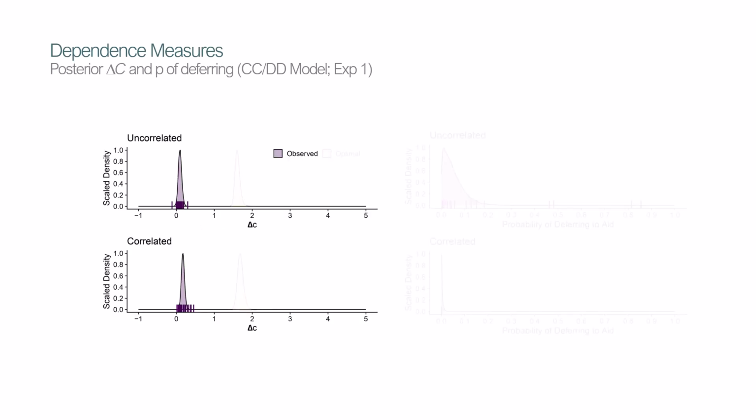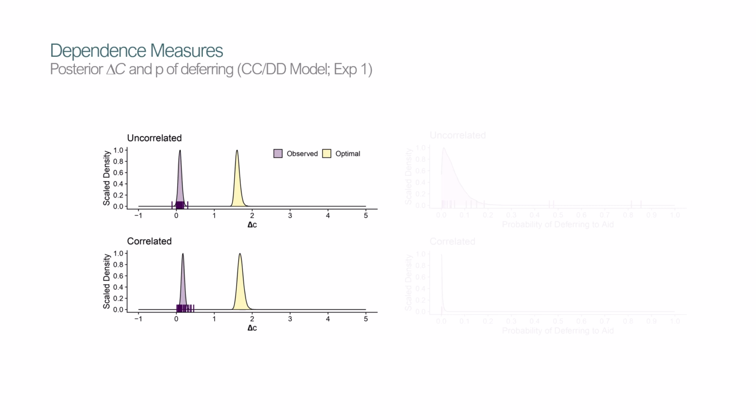Now here we have estimates of the dependence parameters that tell us how much participants relied on automation, again for experiment 1. First over here we have posterior distributions of criterion shift delta C, and the first thing to notice is that this fell very close to 0, which overall tells us that participants didn't quite shift their cutoff that much when we assumed a CC process.